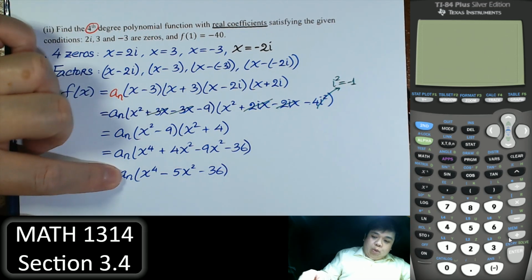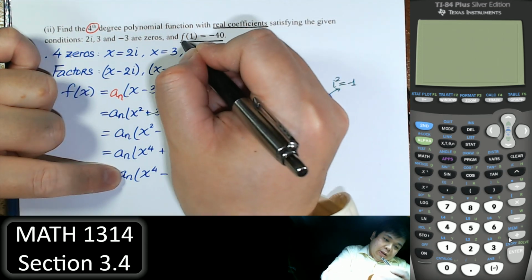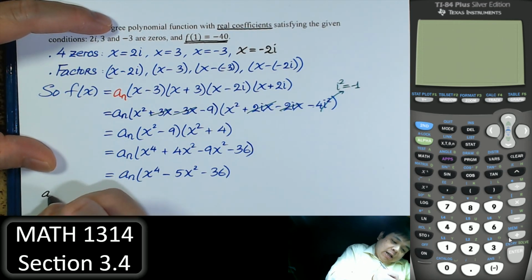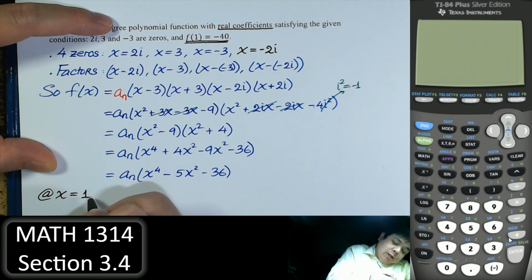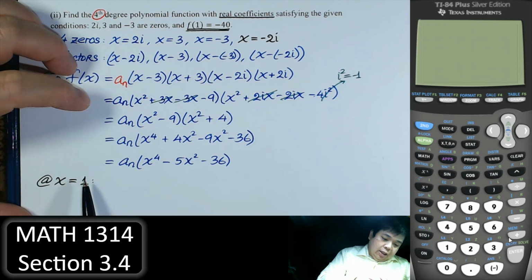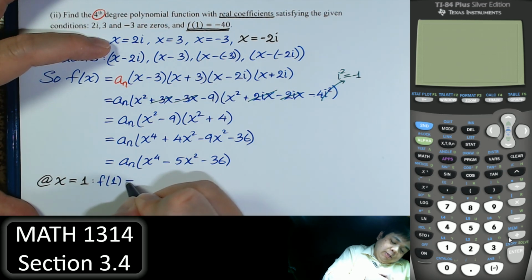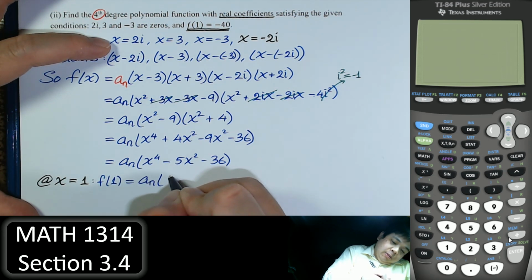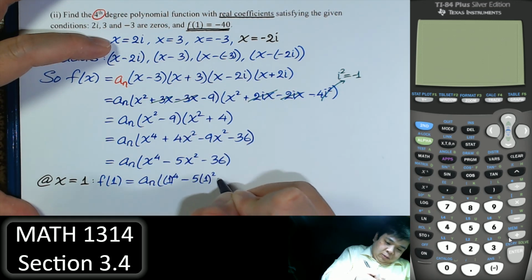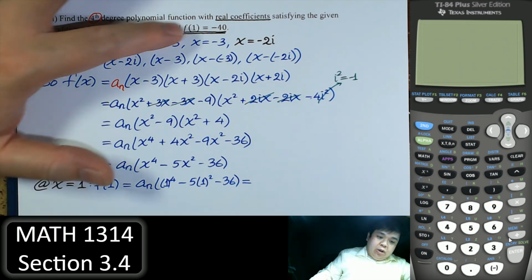Right. Now we solve for the leading coefficient. So at x equal to 1, I'm going to put 1 in the polynomial, and that's supposed to be equal to negative 40.